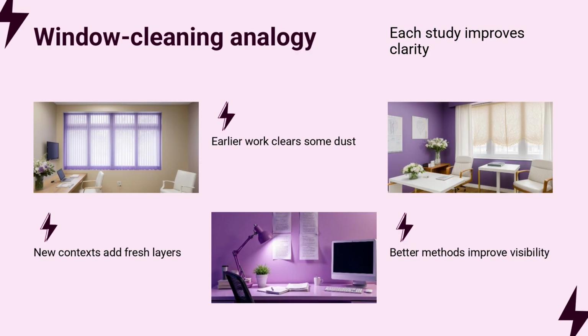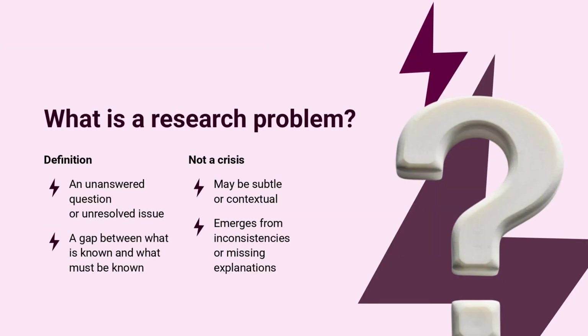Now that we know what research means, let's talk about what triggers it. A research problem. A research problem isn't necessarily a crisis or something bad. In research, a problem means there's an unanswered question, a missing piece in our understanding, or a situation that hasn't been fully explained. We often define a research problem as the gap between what is known and what needs to be known.